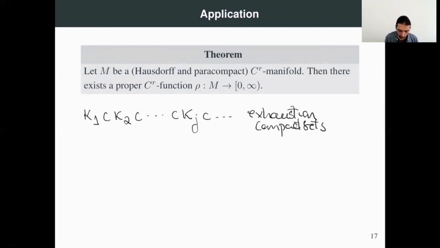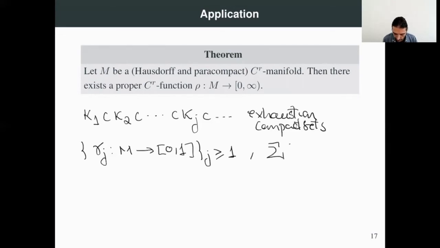And what we actually found is a sequence of non-negative functions that had several properties. Of course, one of them is that the family of supports is locally finite, and another one is that the sum of all of these functions is equal to 1.